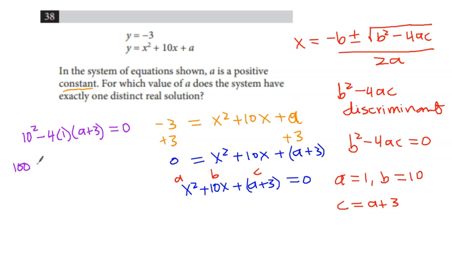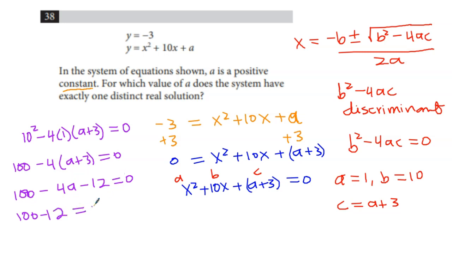So we get 100 minus 4 times a plus 3 must be equal to 0. So we get 100 minus 4a minus 12 equals 0. We can bring this one closer to this 100.